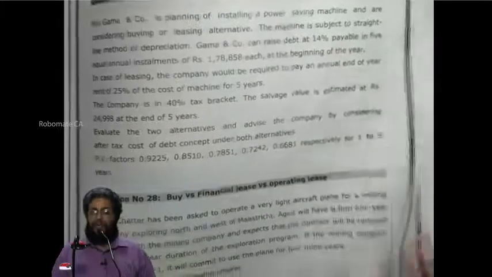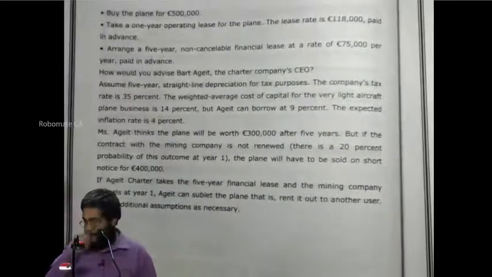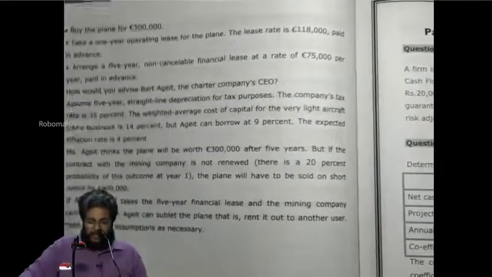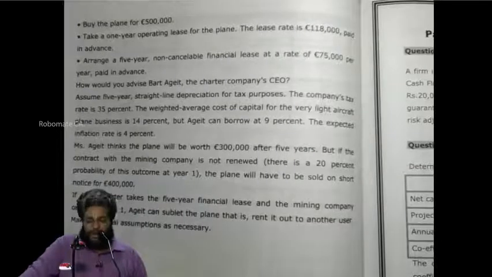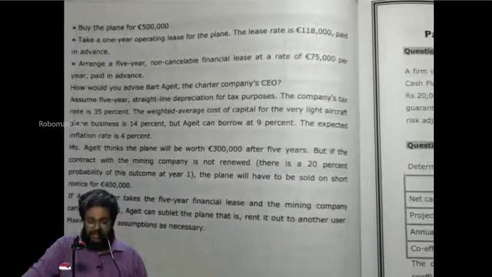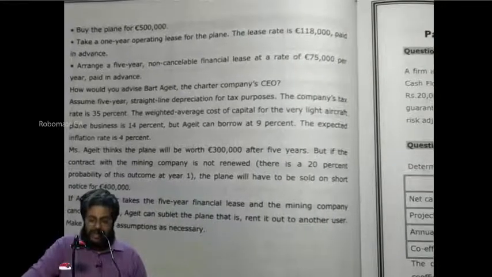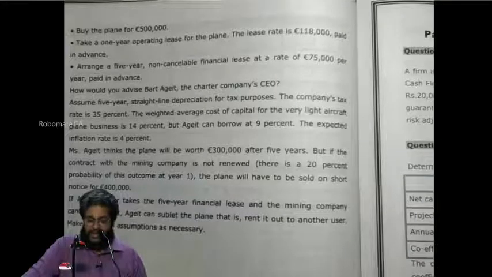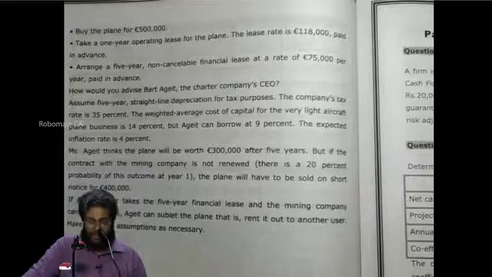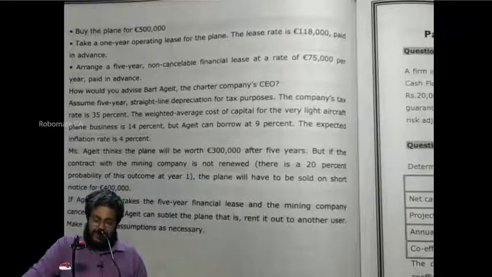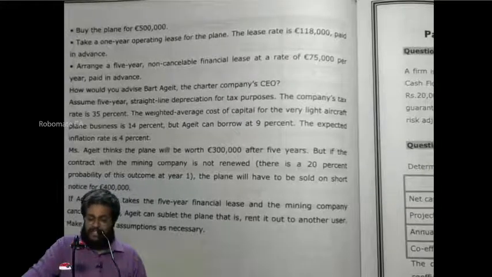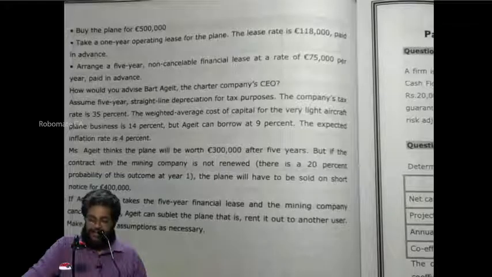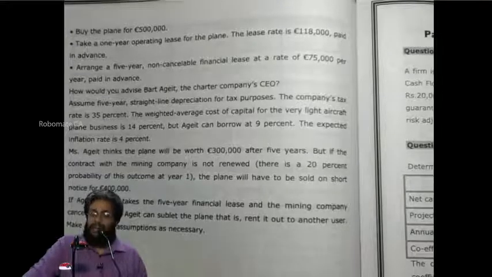Agent Charter has the following choices. Buy the plane for euro 5 lakhs. Take a 1 year operating lease for the plane. The lease rate is 1,18,000 euro paid in advance. Arrange a 5-year non-cancellable financial lease at a rate of 75,000 euro per year paid in advance.